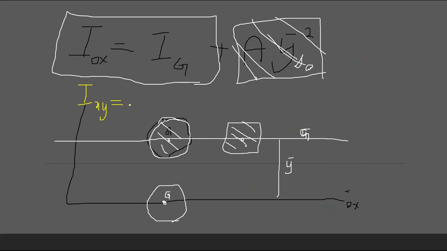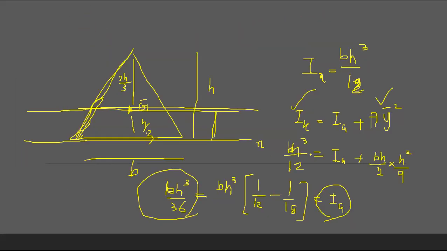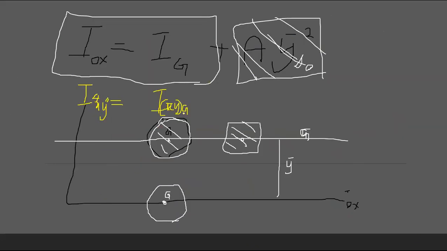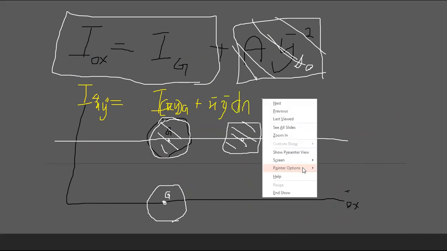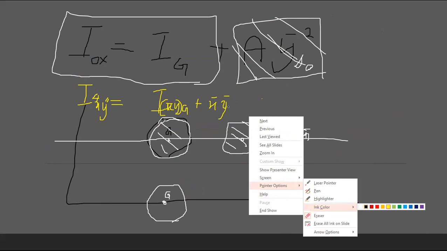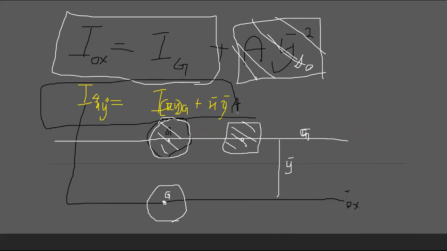Let's say this is x double dash and y double dash, because this is not the dash axis that we're talking about here. So it is Ixy, the product of inertia at the centroid, plus x bar y bar A. I will write this in the final slide, don't worry.